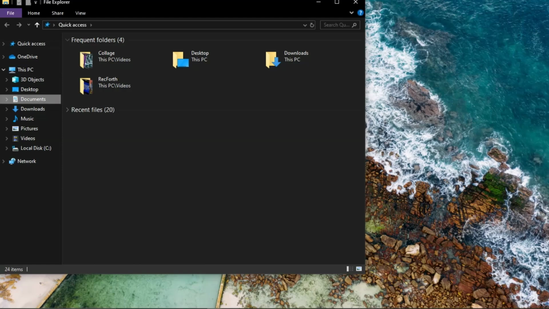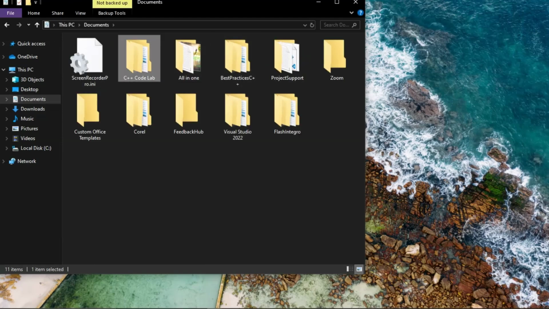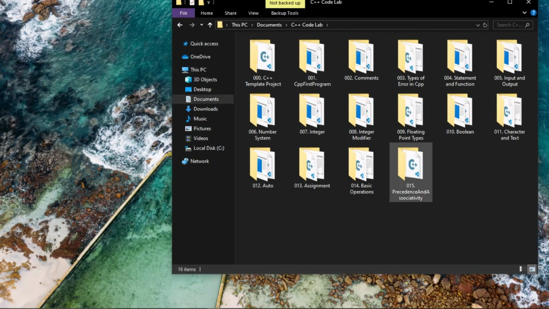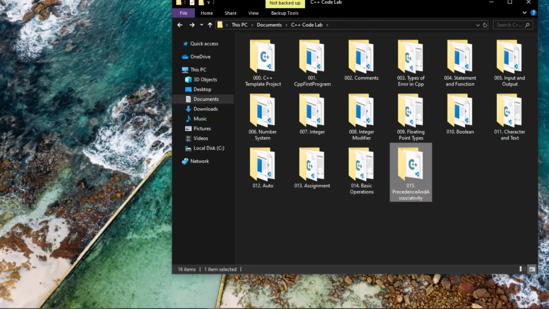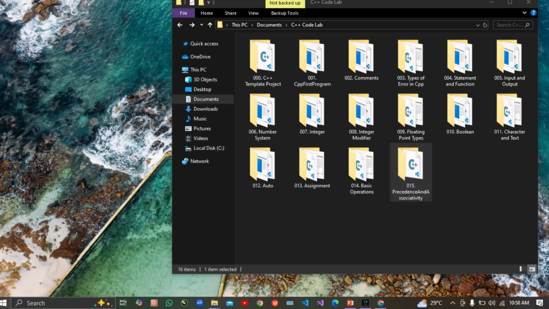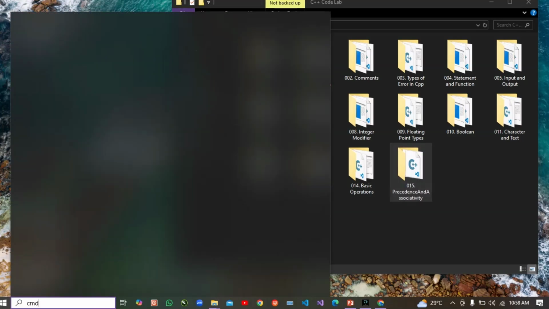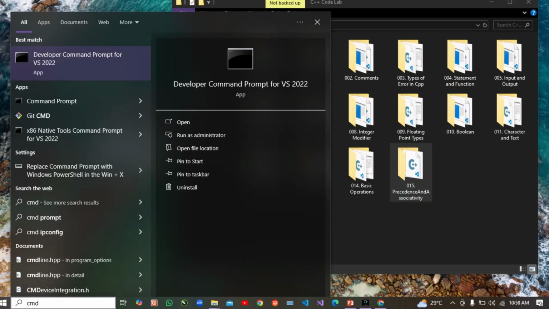My template is being copied in my precedence and associativity folder. So I can just open my command prompt, that's the developer's command prompt.